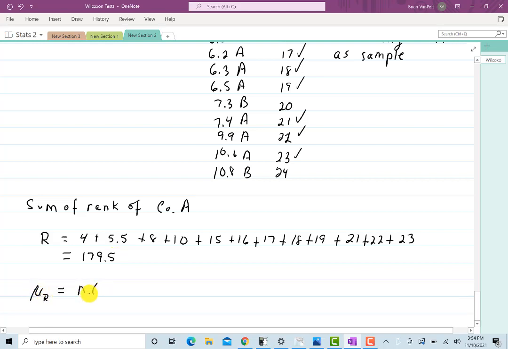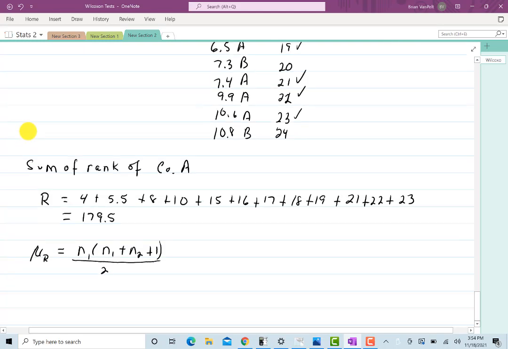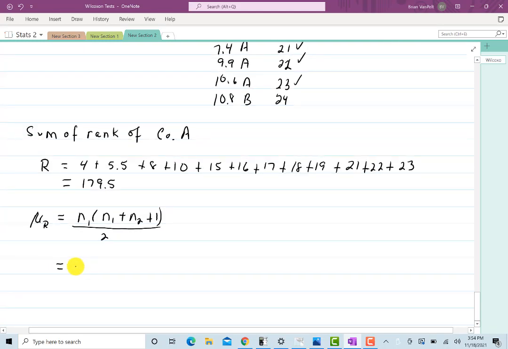Now mu sub r is very simple. That's n1 times n1 plus n2 plus 1, divided by 2. And here n1 and n2 are both 12. And so that is 150.